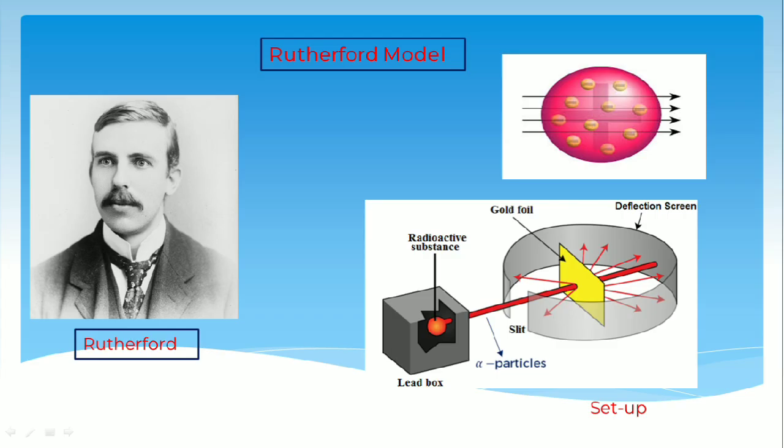Rutherford took a very thin gold foil, and then he bombarded it with positively charged alpha particles.